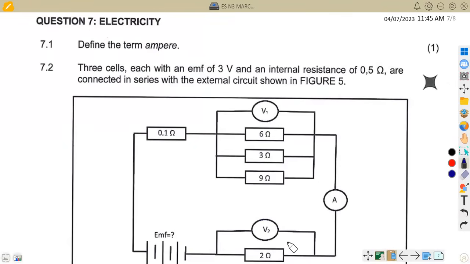On electricity, the first part was to define the term ampere. Okay, that's the ampere. So ampere can be defined as follows.